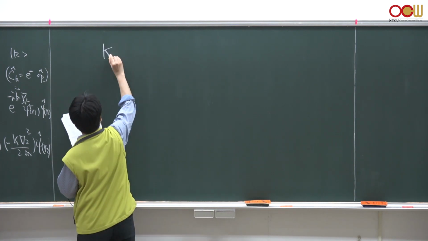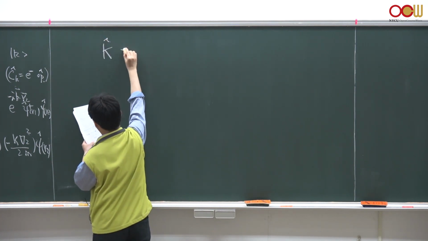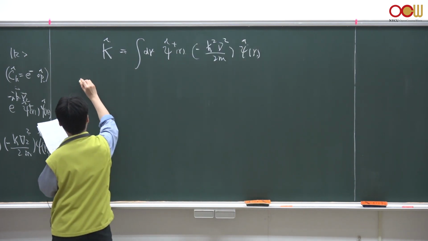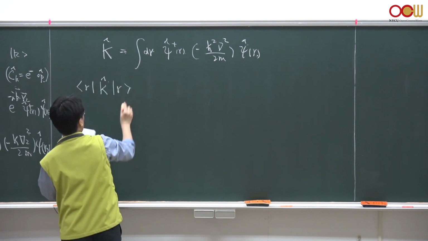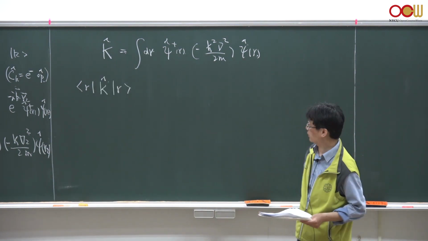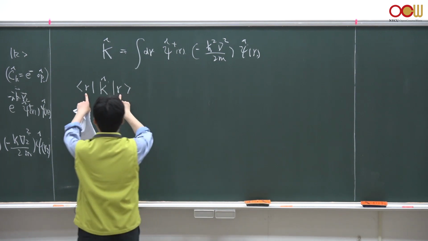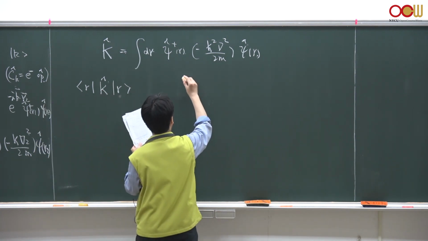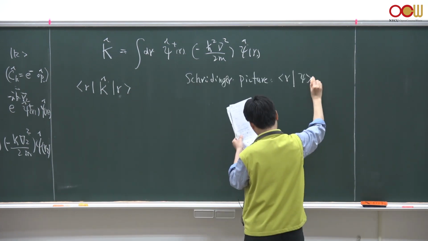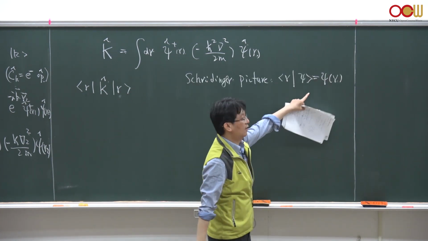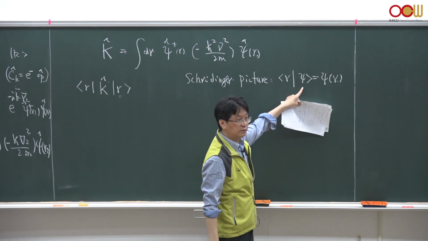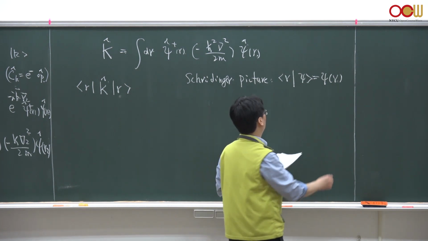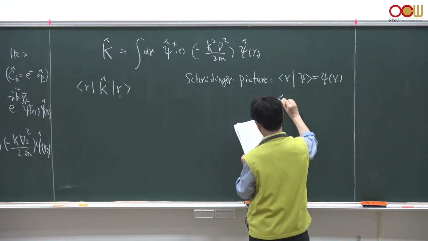Suppose this is my kinetic energy operator in real space representation, and what I want to do is evaluate the expectation value of the kinetic energy operator by projecting this onto the real space eigenbasis R, the Dirac bra-ket state. And you should always remember that in the Schrödinger picture and Dirac notation, this is your wave function psi of R, by projecting your quantum state psi onto the Dirac bra state of a position eigenbasis, and your psi star of R is the opposite projection.